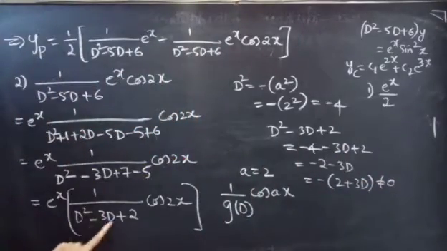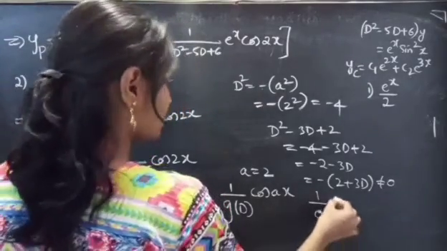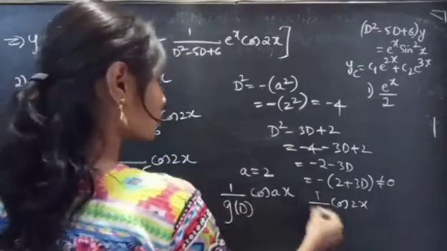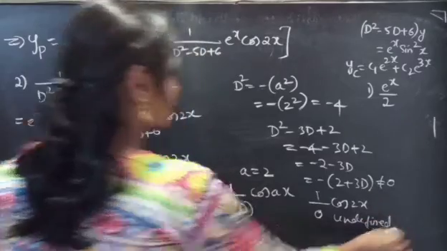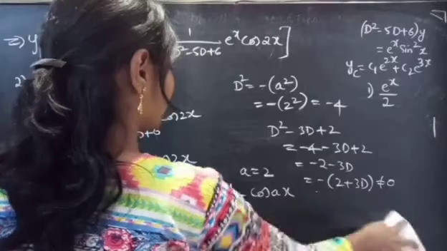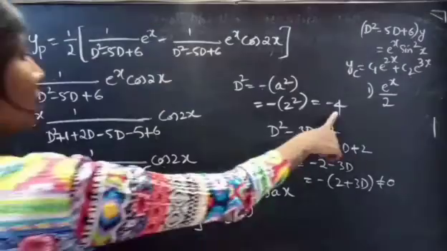What happens if we get zero in the denominator after replacing D²? We'll just get 1/0 into cos 2x. Since 1/0 is undefined, the total term becomes undefined, right? So the denominator must be non-zero. Now we can replace D² by −4 here.